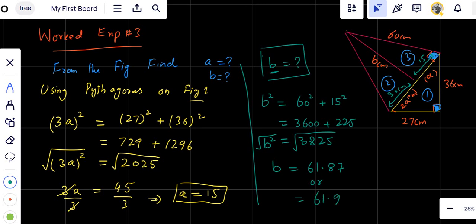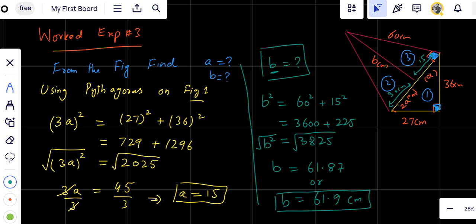So you can write 61.9 centimeters. So this is all about the Pythagoras theorem. I think we did many questions related to it. I will give you some practice questions as well, so that you can check yourself where you stand and how you're able to solve these questions.